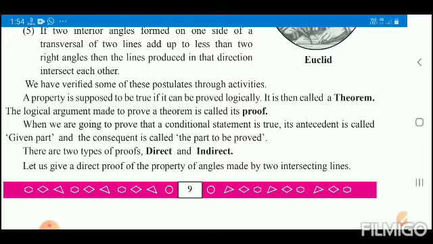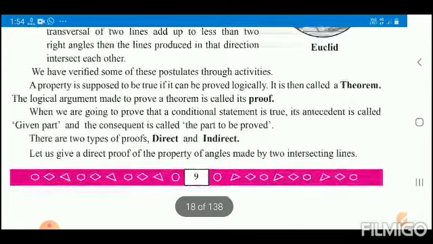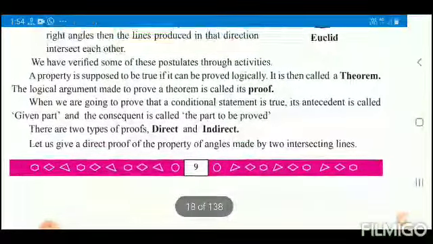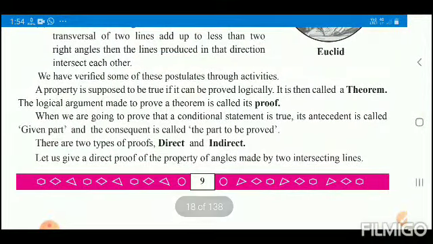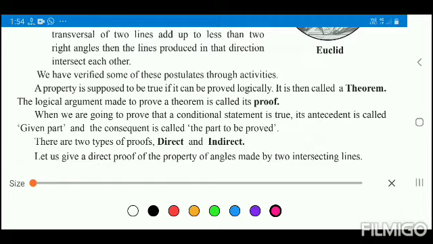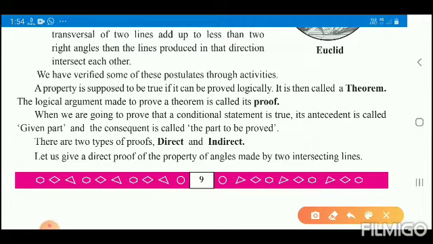Next, we have verified some of these postulates through activities. Now, we will see the information about a theorem. A property is supposed to be true if it can be proved logically. It is then called a theorem. Which property?